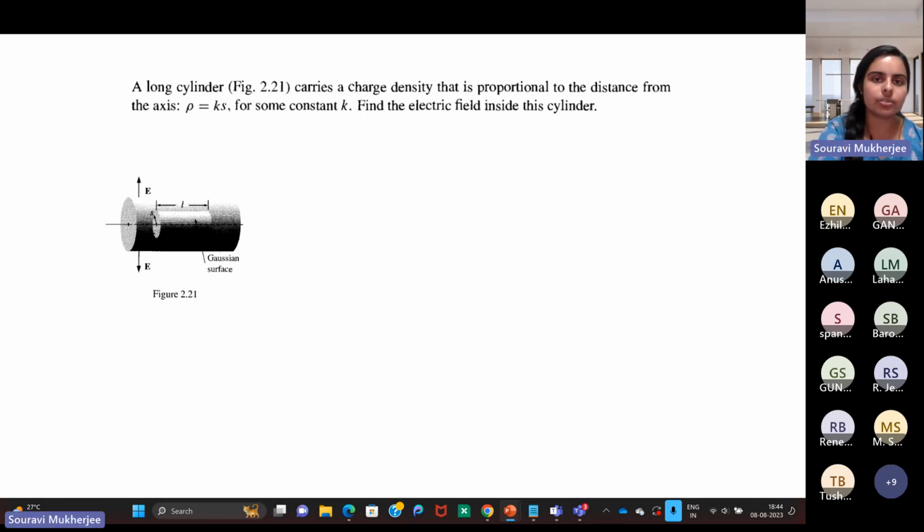So can you tell me how to proceed? How exactly should we proceed with this question? If you consider E dot ds, what would be your ds here? Or what would be the surface over which you want to find your electric field integral?